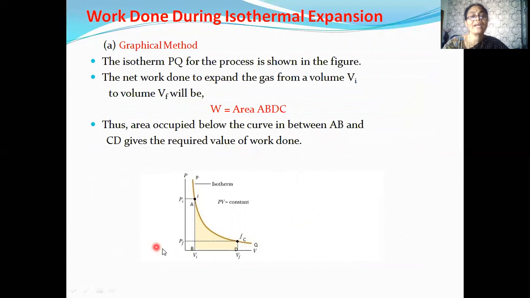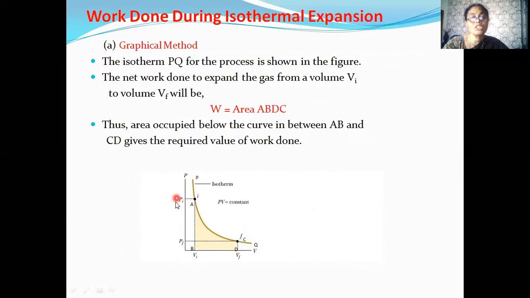In order to calculate this, let us represent the isothermal expansion process on a PV diagram. We know that pressure is taken on the y-axis, volume is taken on the x-axis. Here the isotherm PQ represents the isothermal expansion process. I is the initial state, F is the final state.